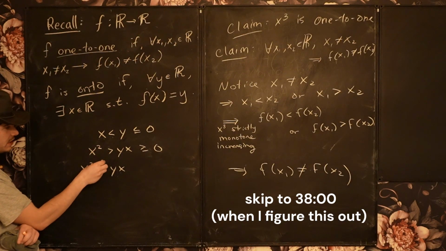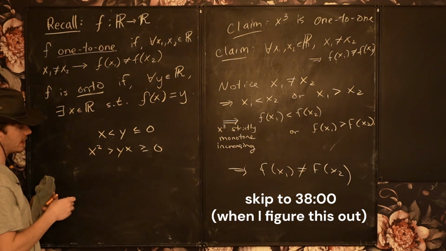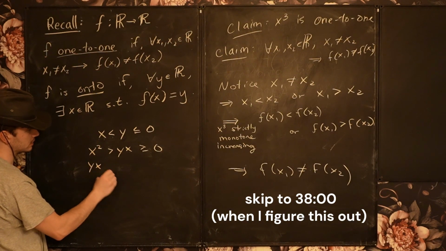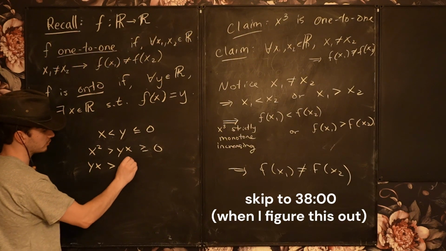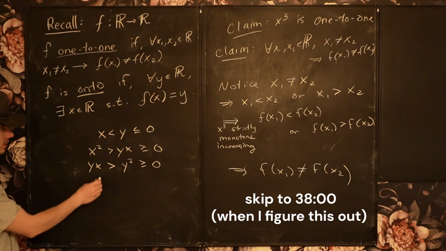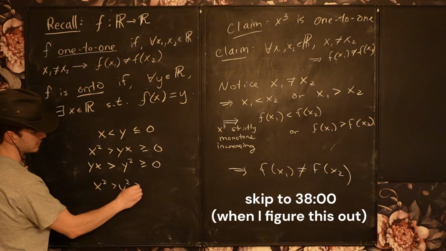So this is multiplying this inequality by x. If I multiply by y instead, I'm going to get yx, and the inequalities flip again because y is also negative, y squared greater than or equal to 0. Aha! So this tells me that x squared is greater than y squared, which is greater than or equal to 0.